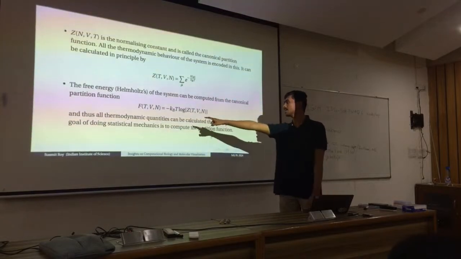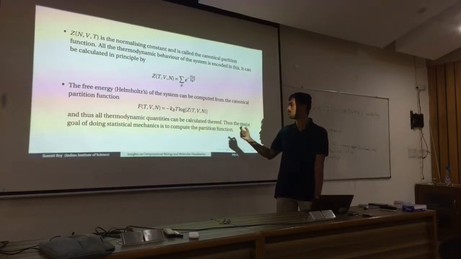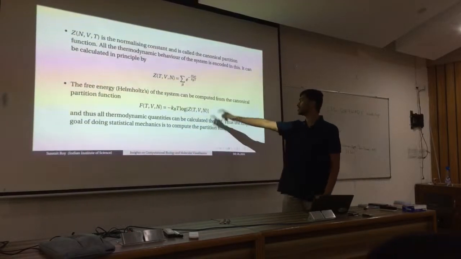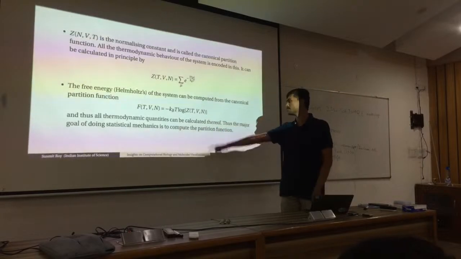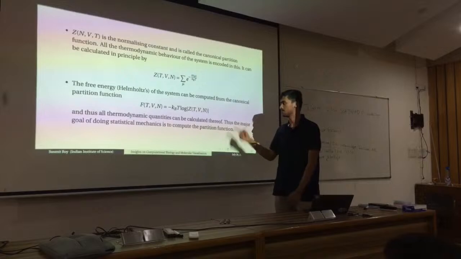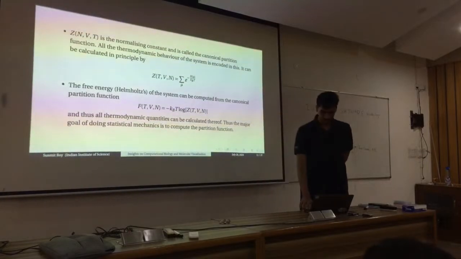So your free energy, here it's the Helmholtz free energy, because your work degrees of freedom are not there. Your free energy is related to the partition function by minus k_B T times log Z. So you can have a magnetic field, and your X can be like polarization or magnetization, or your J can be pressure itself.